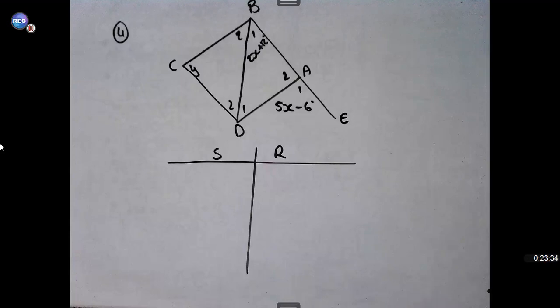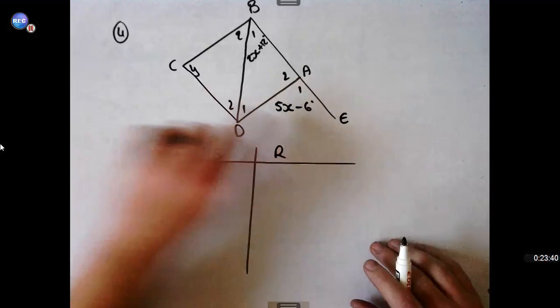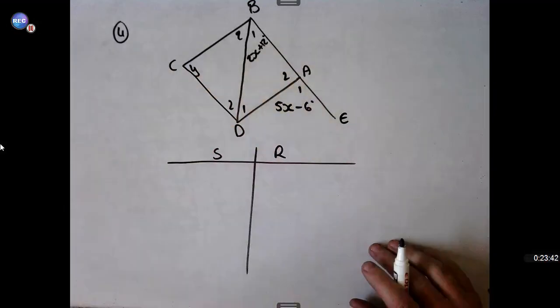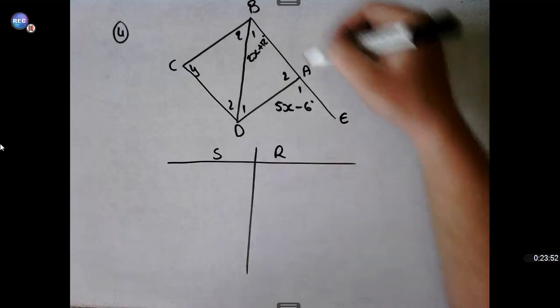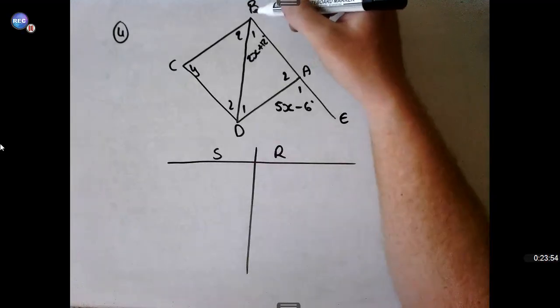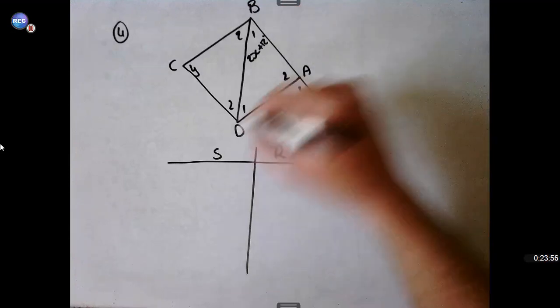Okay. First things first. They want you to calculate the value of x. So we're going to start with x, and once we're done with x, we're going to move to the y, that is angle C over there. Okay. So first of all, the first thing that you need to understand or realize is that side AB is equal to side AD.